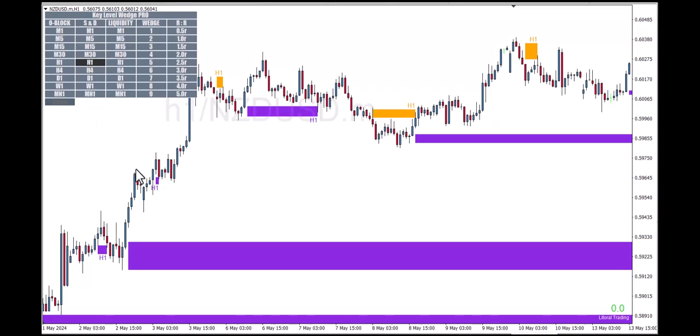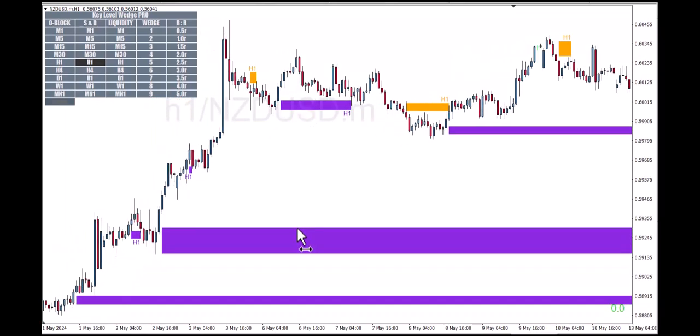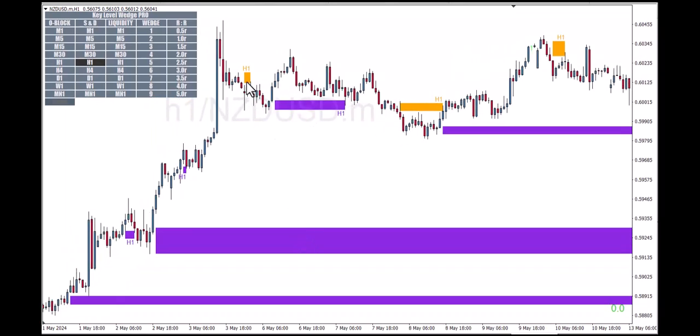Now let's look at some past supply and demand zones. Notice how price is attracted and always comes back to touch the zones.